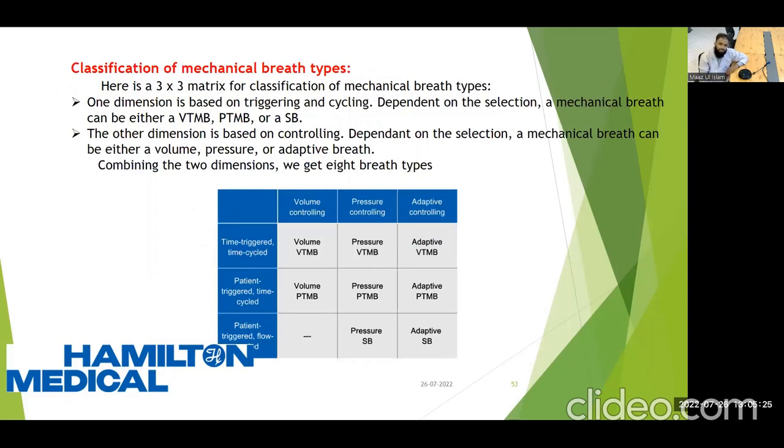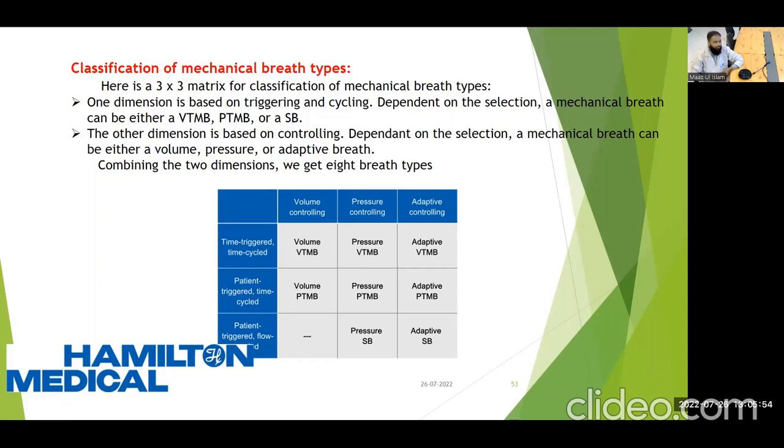So, classification of mechanical breath. Here we have a 3x3 matrix for classification of mechanical breath. Number one is time trigger, time cycle, and volume controlling. This is known as VTMB, volume ventilator targeted mandatory breath. Number two is patient triggered, time cycled, volume controlling.